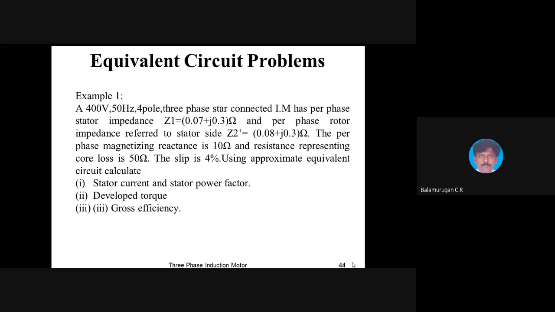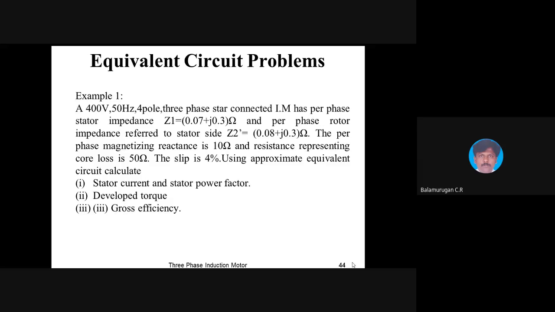Okay, you take the first problem. A 400 volt, 50 hertz, 3-phase star connected induction motor has per phase stator impedance Z1 equal to 0.07 plus j0.3 ohm, and per phase rotor impedance referred to stator Z2 dash equal to 0.08 plus j3 ohm.